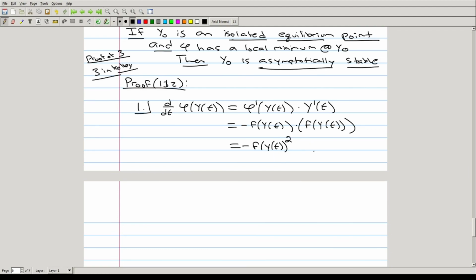And f of y of t squared is always positive, which means this is always negative, which proves what we want, because this is showing that the derivative of phi of y of t is always negative. So phi of y of t is strictly decreasing with respect to t.